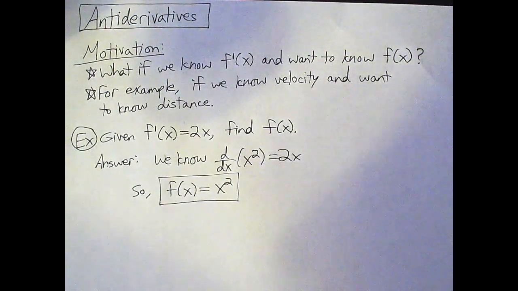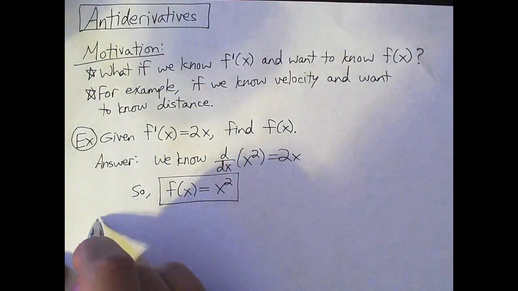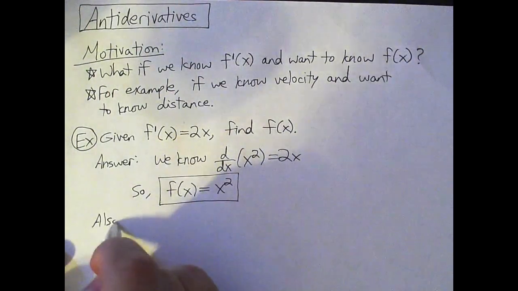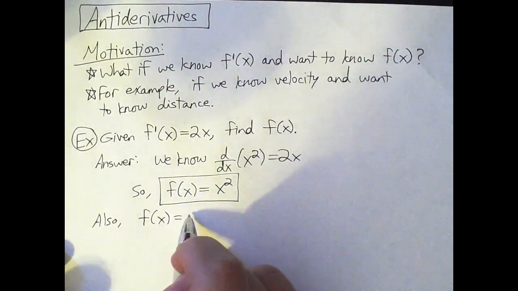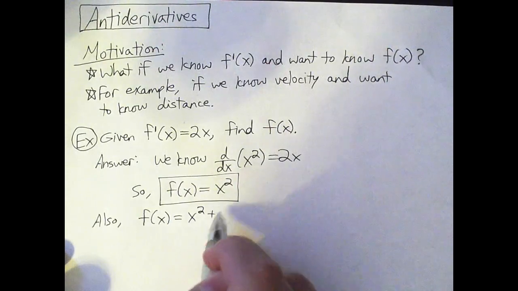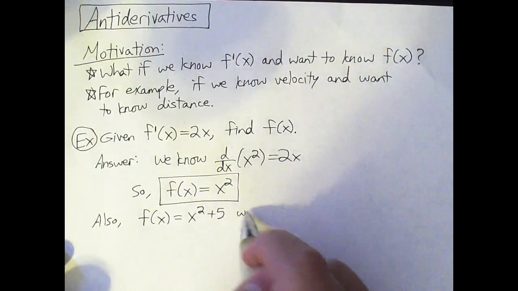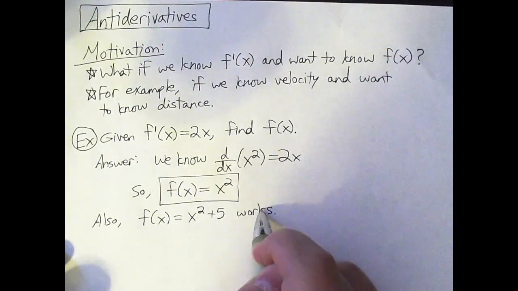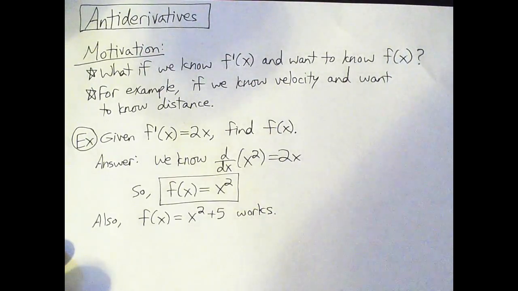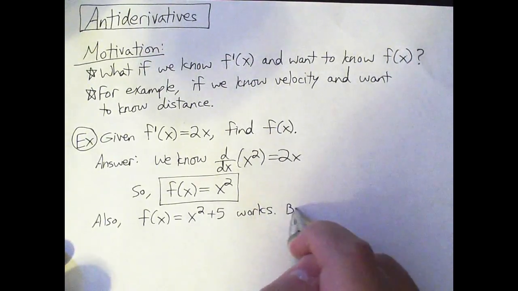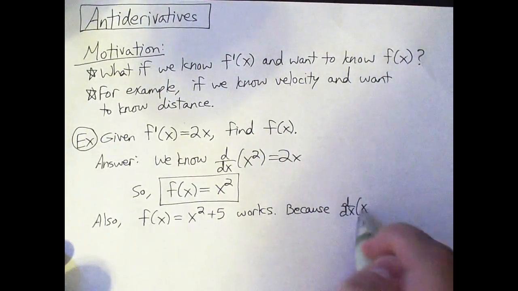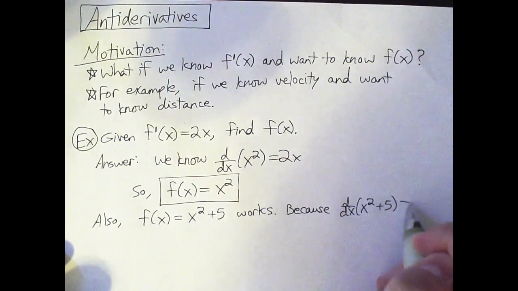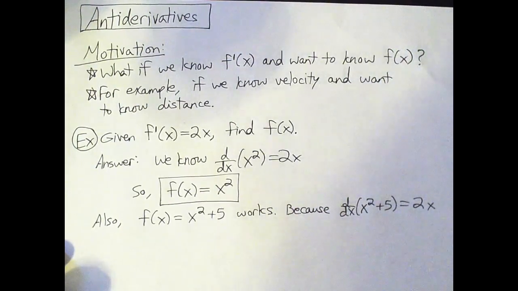But is that the only answer? Do you think that's the only answer? Well, it turns out that this also works: x squared plus 5. Because the derivative of x squared plus 5 is 2x.